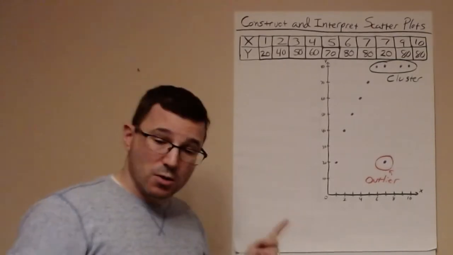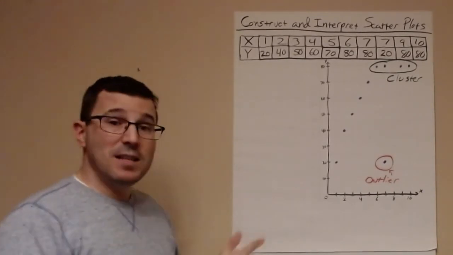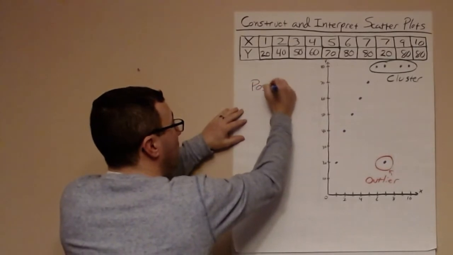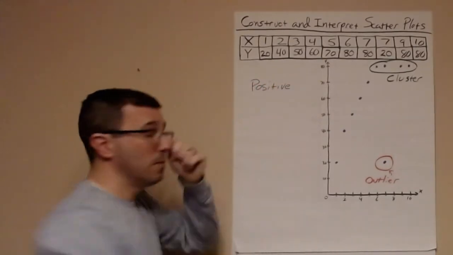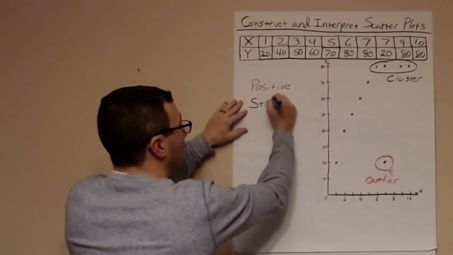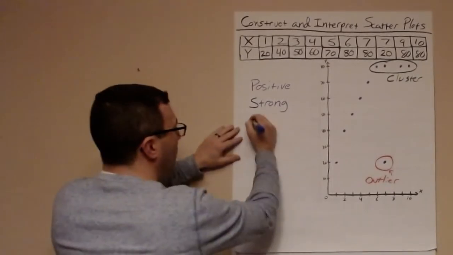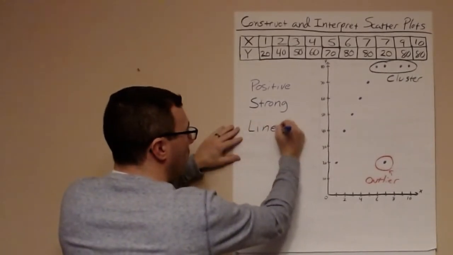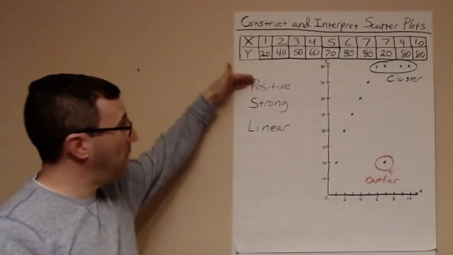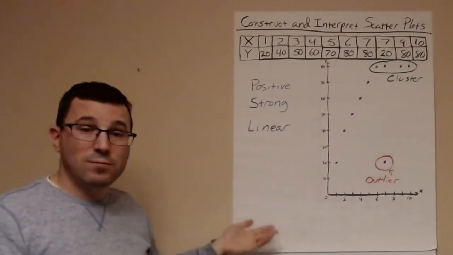So again, when we look at this, I see that this data has a positive correlation. It is a strong correlation. And for me, overall, it's a linear correlation. And really, I would say strong, positive, linear correlation. I might have put these in the wrong order, but that's what we got.